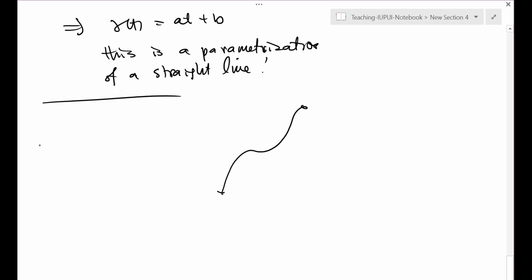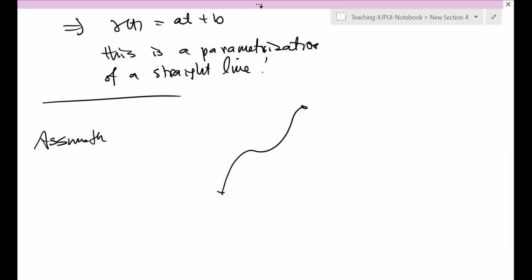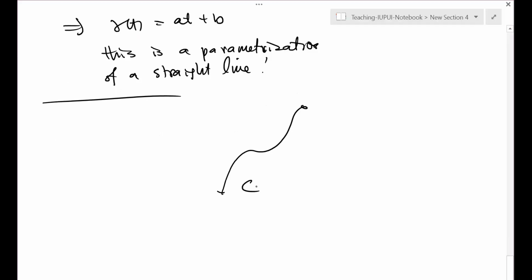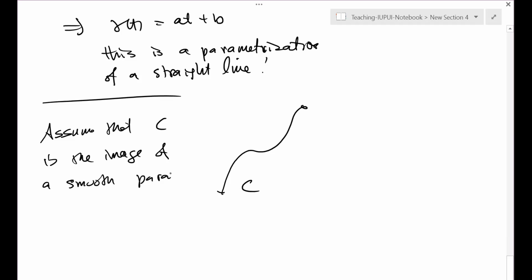We assume that C is the image of a smooth parametrization.